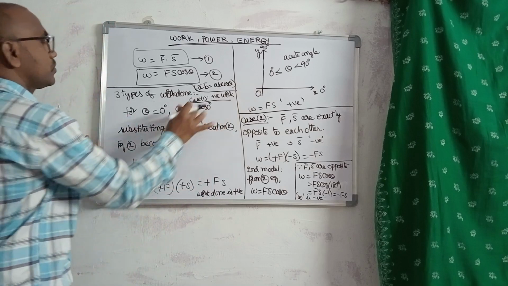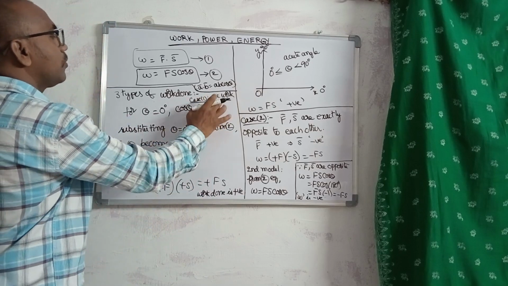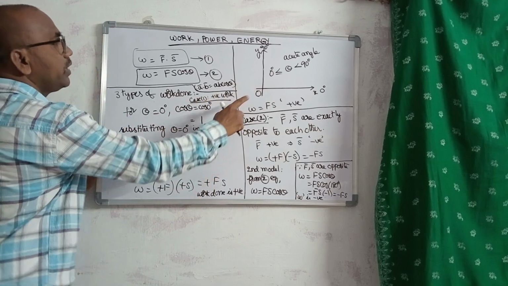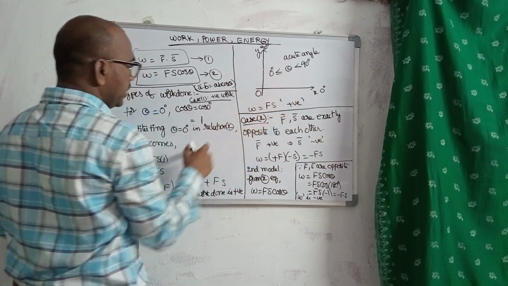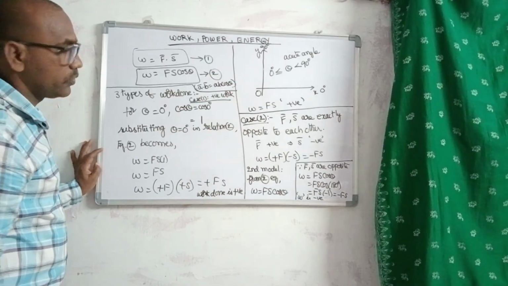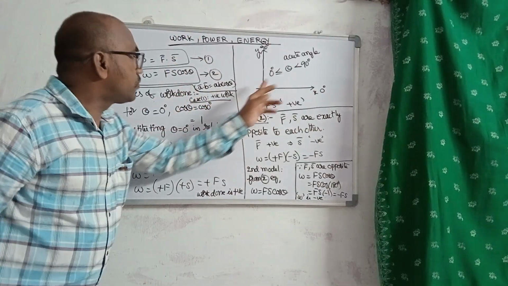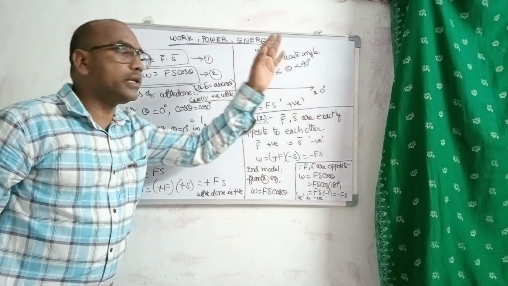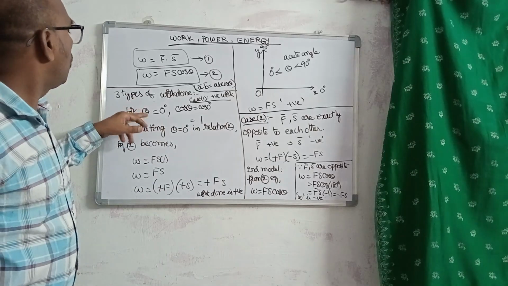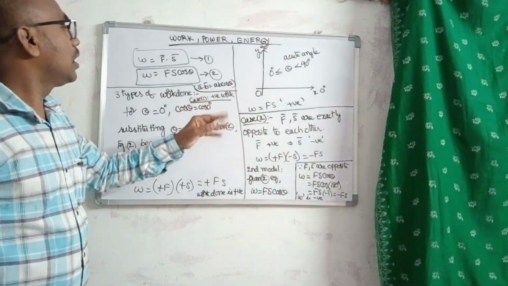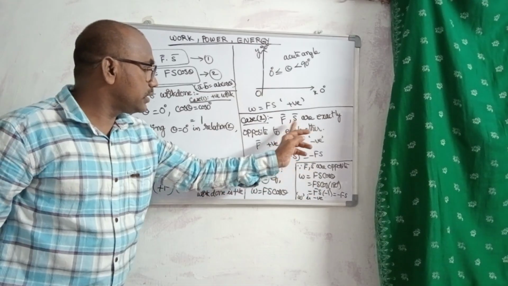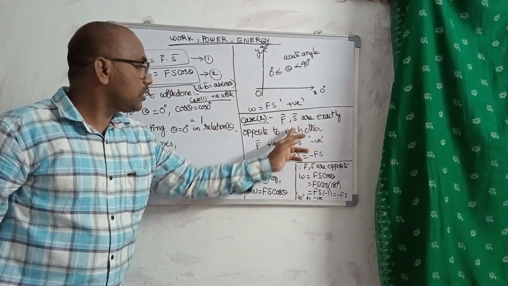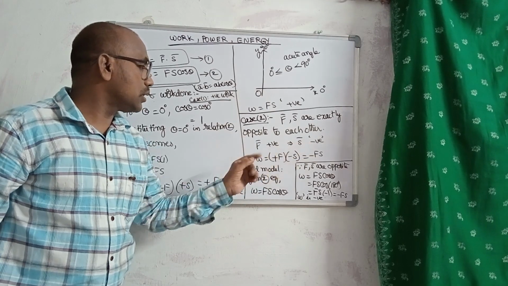Okay, case one, when work is positive: between 0 degrees, if theta is an acute angle, then work done is positive. If theta is 180 degrees, then force and displacement are exactly opposite to each other.